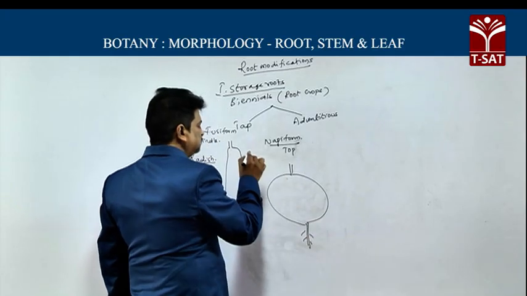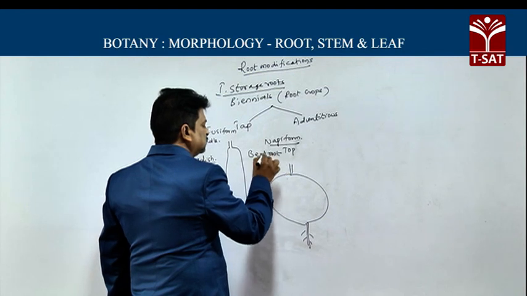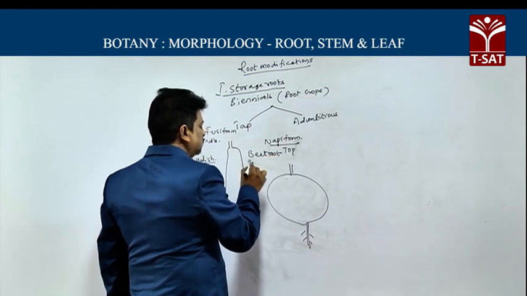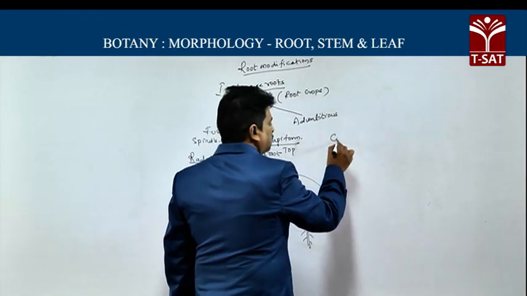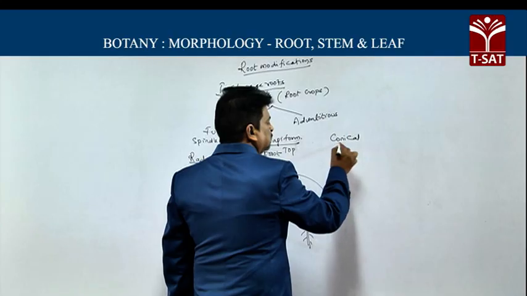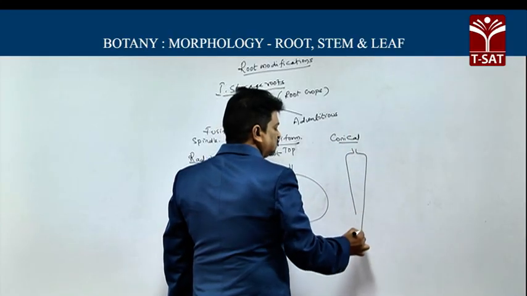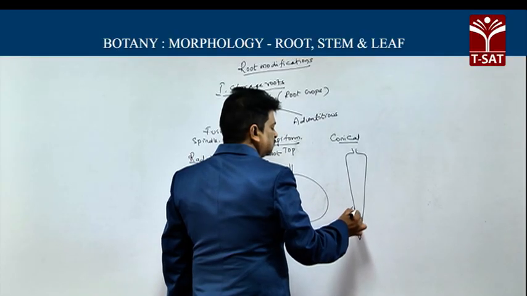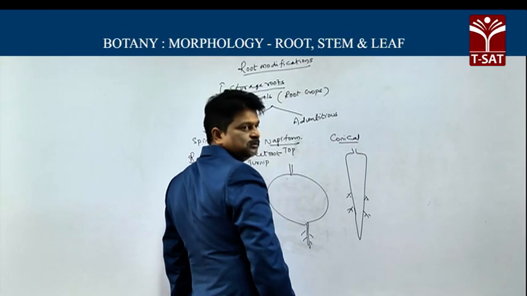Example for napiform or top shaped, beetroot. Then one more, turnip. The third type is called conical. Conical. Example is carrot, whose scientific name is Daucus carota.